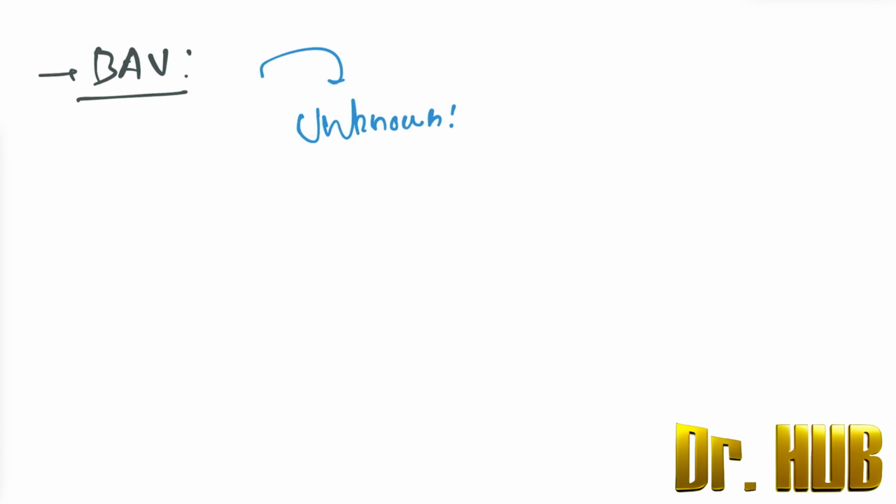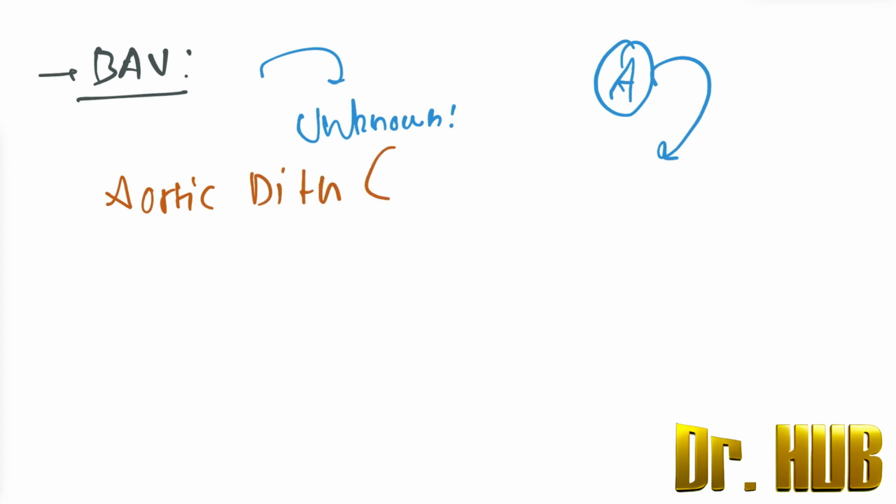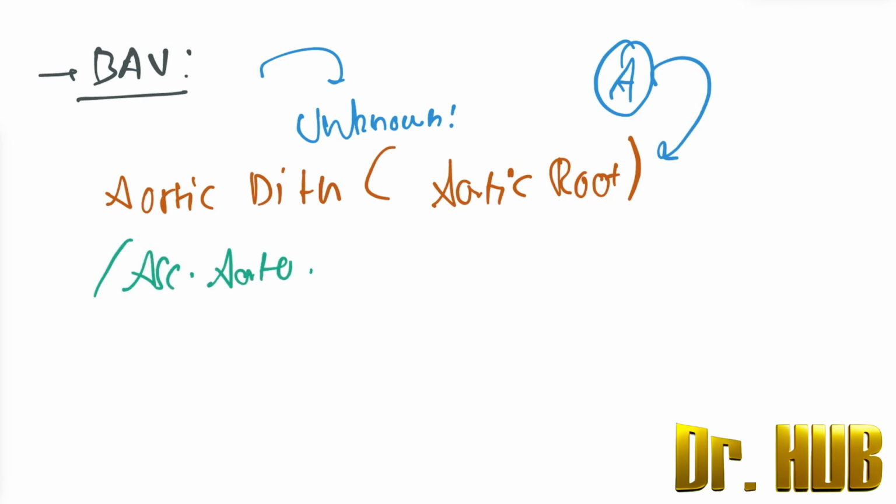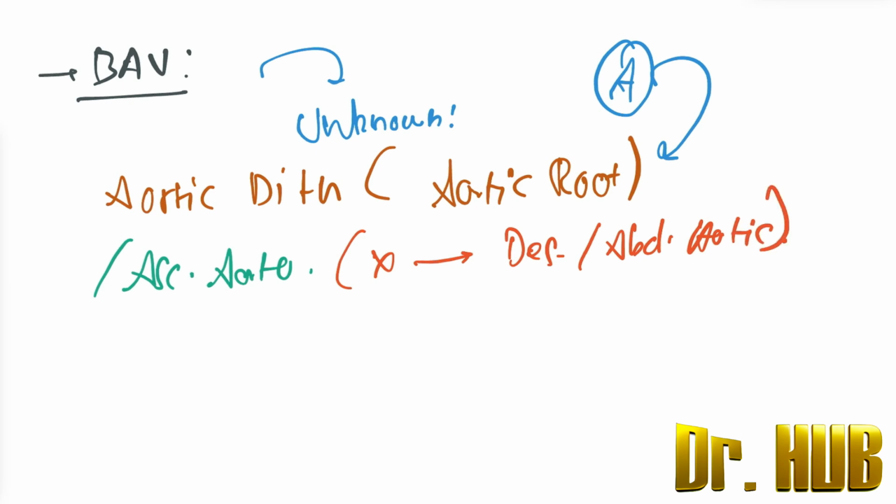The type of aneurysm is aortic dilation, which typically involves the aortic root and also the ascending aorta, whereas it is not present in the descending or the abdominal aorta. This is important to note. This is the specialty of the bicuspid aortic valve. So we finished BAV.